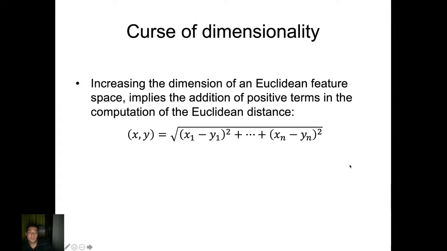So we have n components here. Imagine if we increase the space very much, then you will need to add in a lot of these components in the distance calculation. And if this space is very sparse, you will probably not have representative data points.